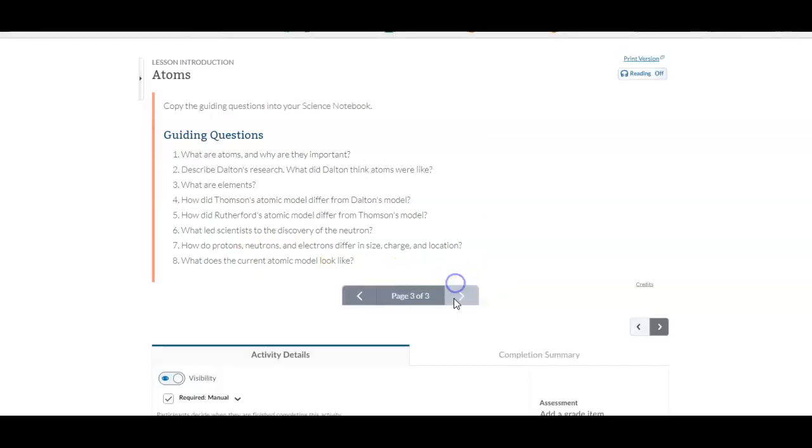So we'll get these answered as we read through the lesson. If the little chart in there doesn't work for you, remember you can delete that and just type or copy and paste the questions. And that way you can answer them, leave space, however works best for you.